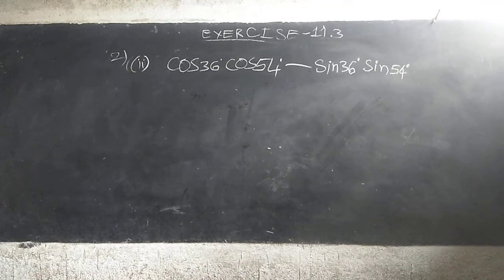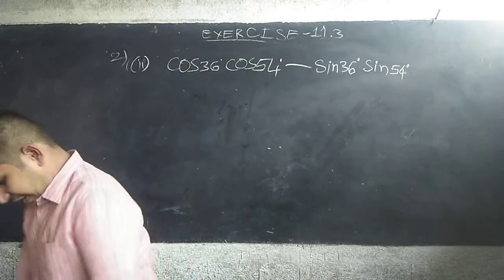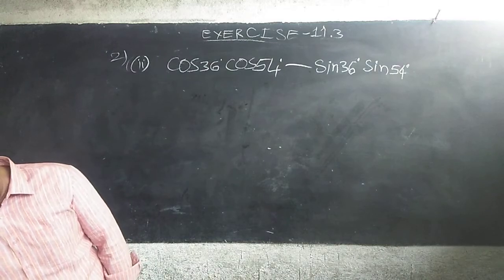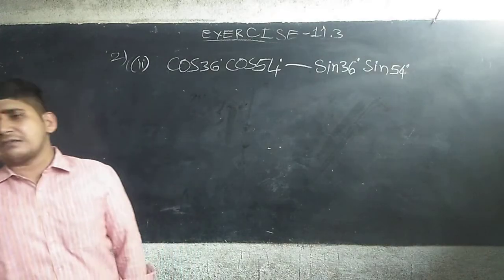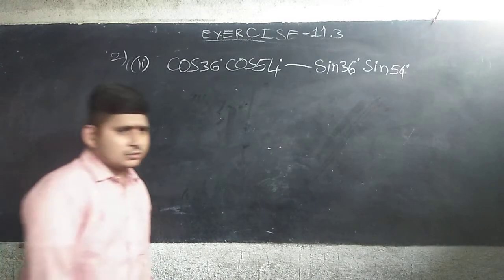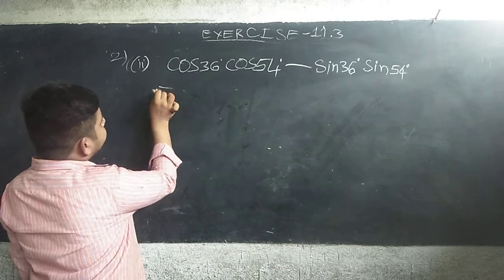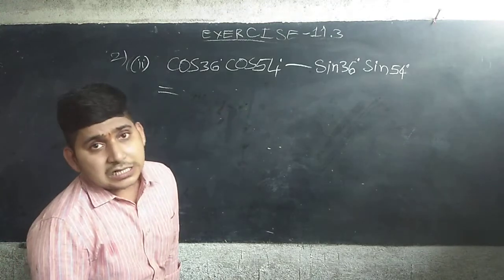Okay, now we are going to discuss the second problem. That is: show that cos 36 degrees into cos 54 degrees minus sin 36 degrees into sin 54 degrees equal to 0. Now see here, in the given problem, 36 plus 54 equal to 90.